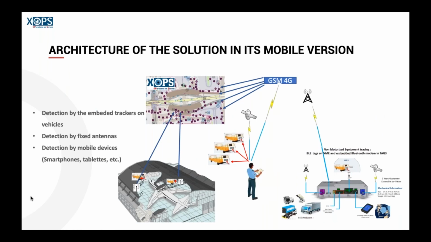Over the mobile and motorized equipment, that's where you see the box on the bottom right corner, we can add some fixed antenna in the places where it's forbidden to go with mobile equipment. For instance, in the hangar where we are doing the maintenance of the aircraft, we just set some fixed antenna, and these fixed antenna are also connectable through the Bluetooth network.